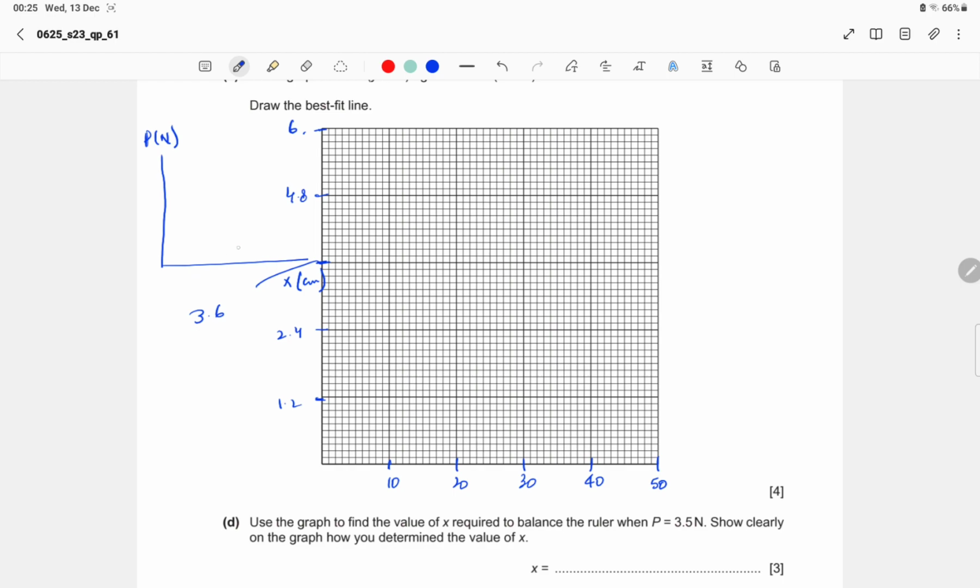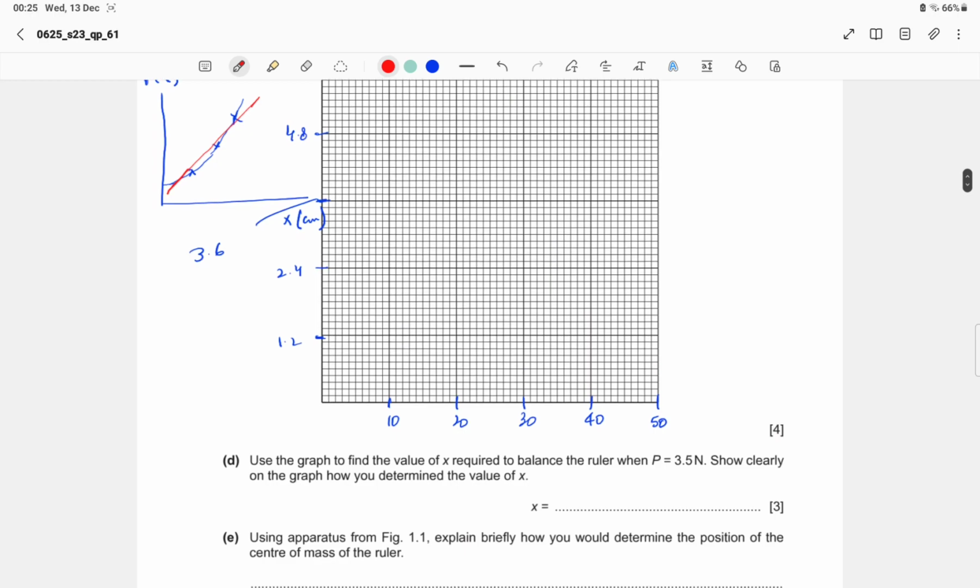When you plot these values, it's going to be like this. The curve would be like this. This is going to be the best fit line. Again, you have to draw the line like this, with an equal number of points above and below, or the maximum number of points that the line is touching.